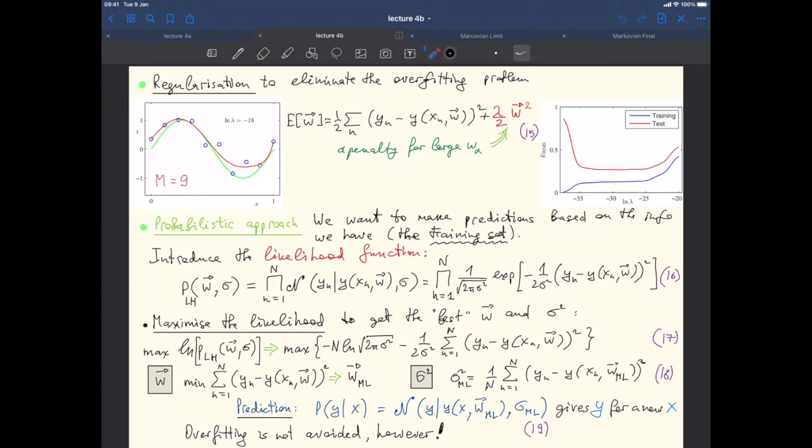And then you can say, okay, now I can predict, because this is what I want. I want to take a value of the x, which is outside the training set, and predict what would be the value of the y, right? So now we can take it as a Gaussian distribution.